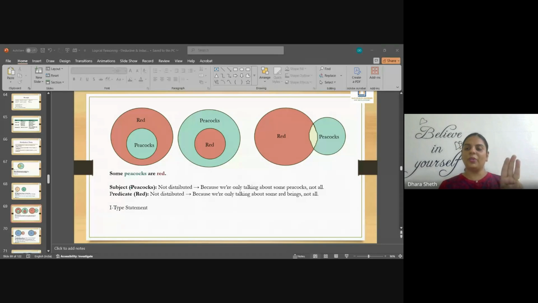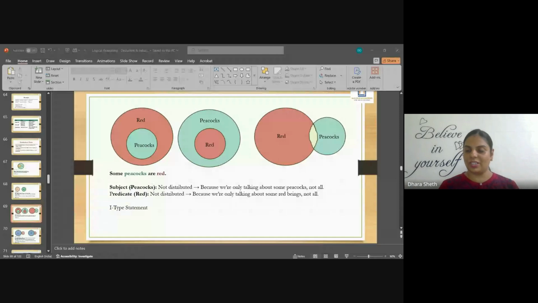Only some unicorns are red, and only some red beings are unicorns. Second possibility, all unicorns are red, but all red beings are not unicorns, which is the first figure. And third possibility, some unicorns are red, but all red beings are unicorns.